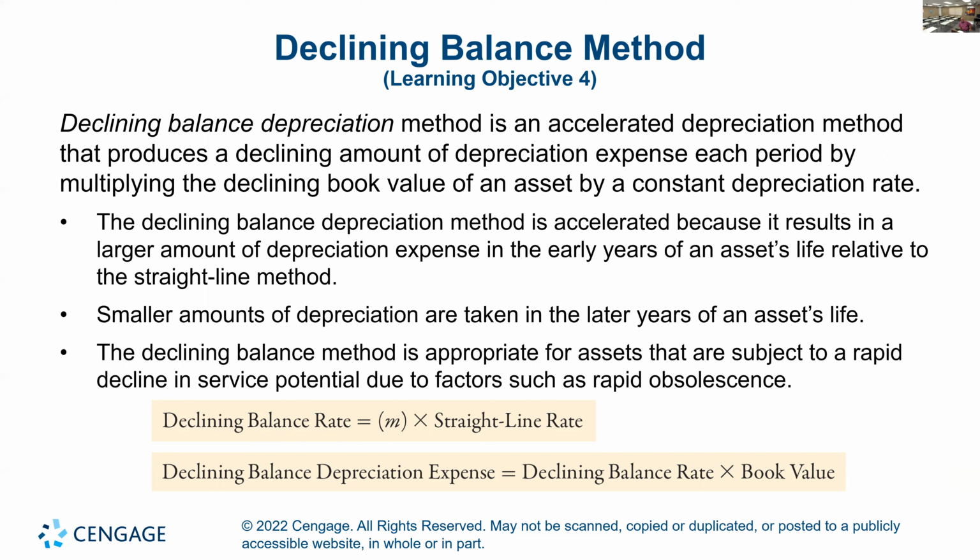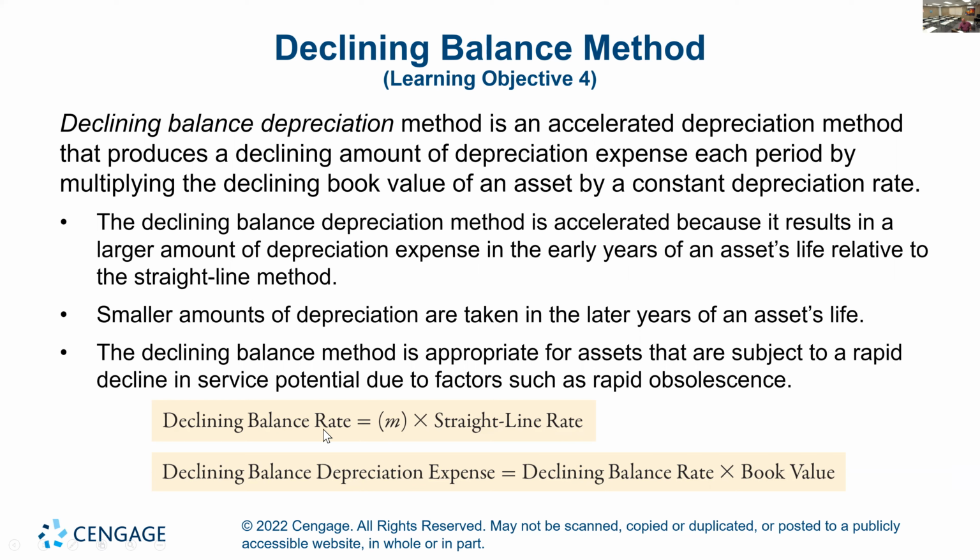If you remember when we calculated the rate for straight line, we did it in 5 years. So 1 divided by 5 was 20%. We were depreciating at 20% per year. Well, if we were to do that exact same question, now we're going to depreciate at 40% per year. Because we would find our straight line rate.